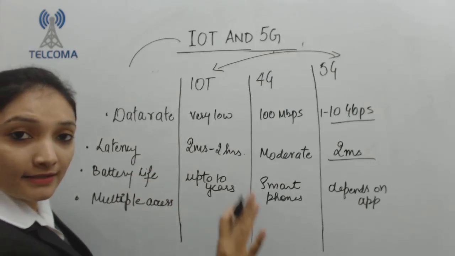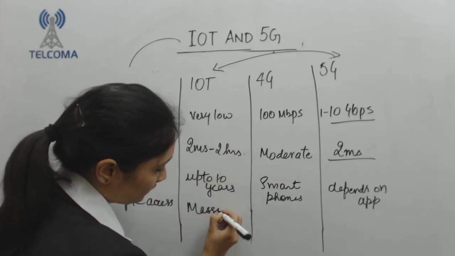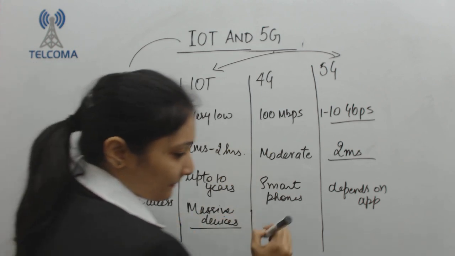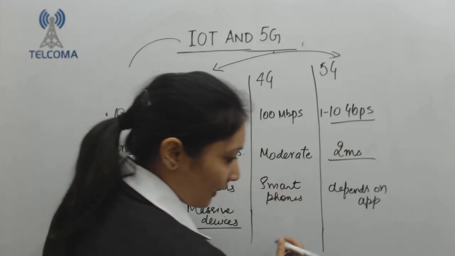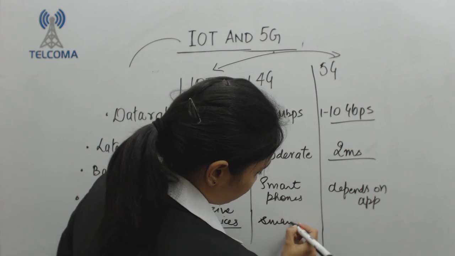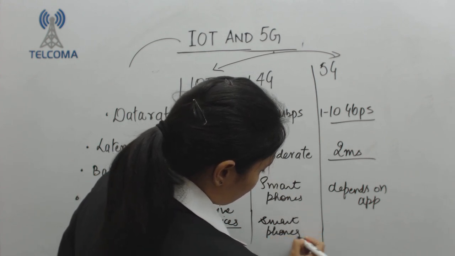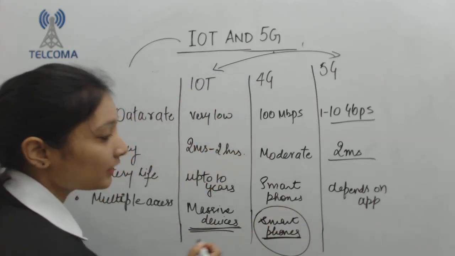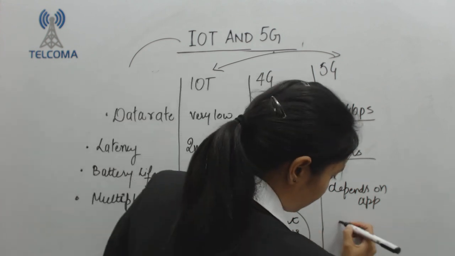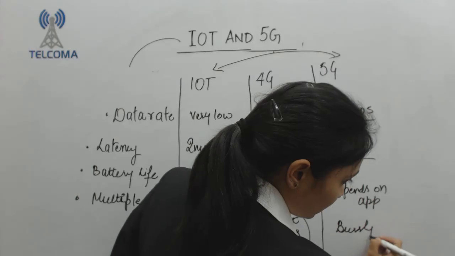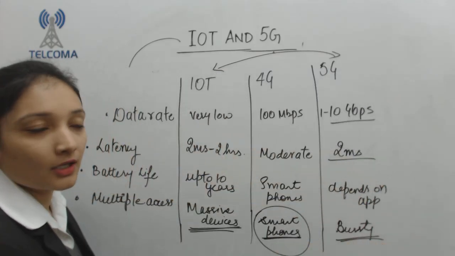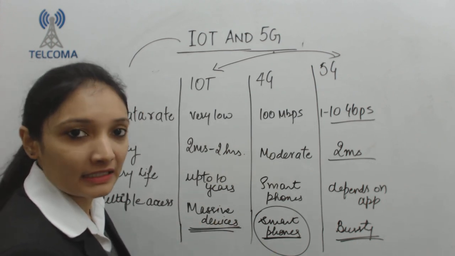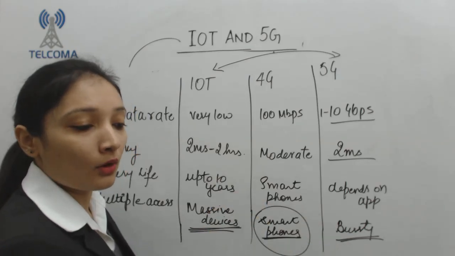IoT is supporting massive devices. For 4G, the multiple access is mainly for your smartphones. And here you have bursty traffic. That is how it will support your IoT, because sometimes you only need to send small packets of data, not a consistent flow of data.